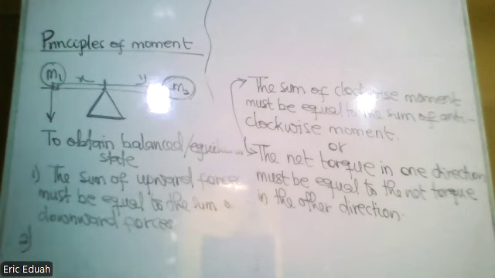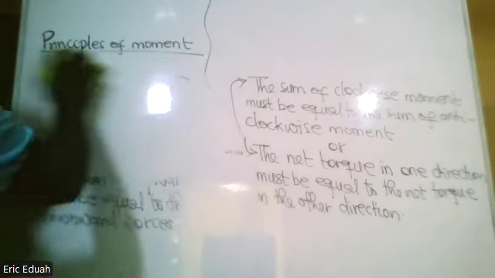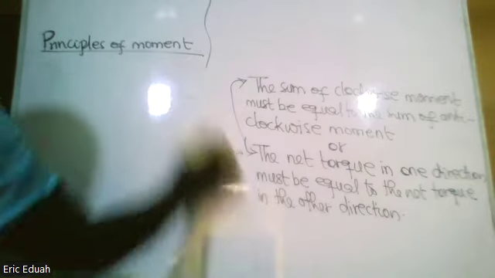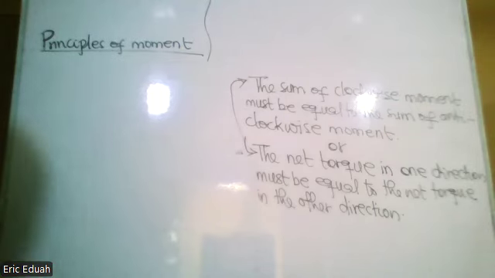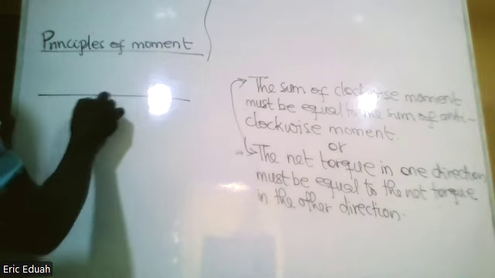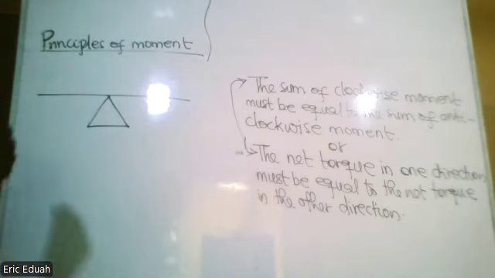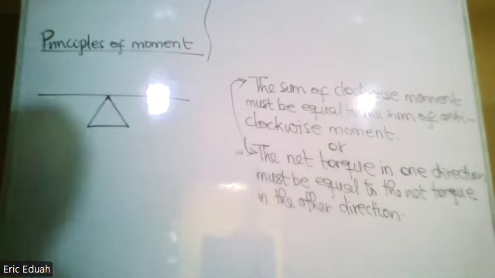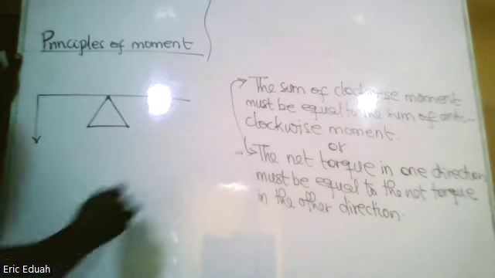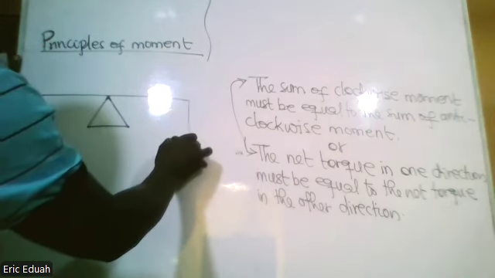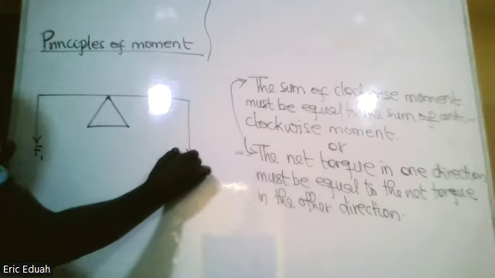How do we illustrate this second principle? We have a rigid bar pivoted at some part of the rigid bar. We have these forces: F1, F2.